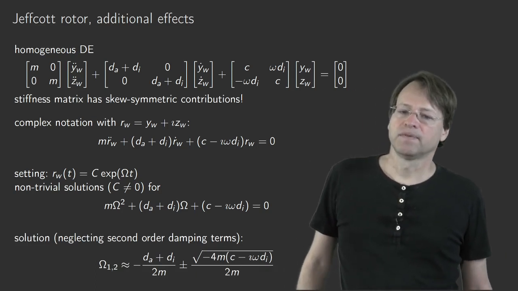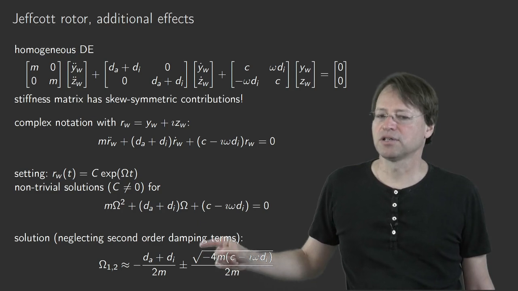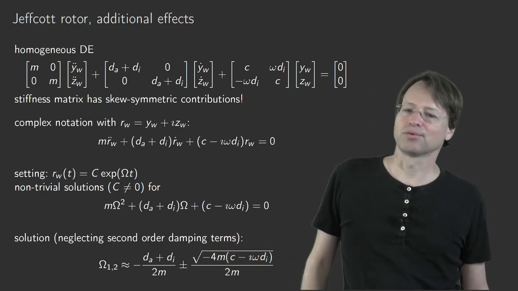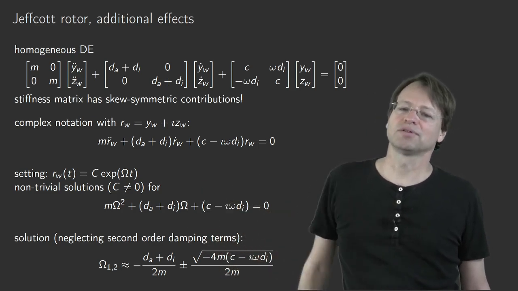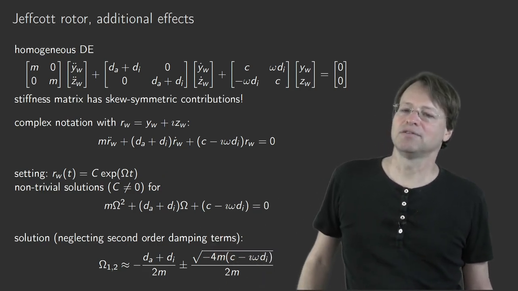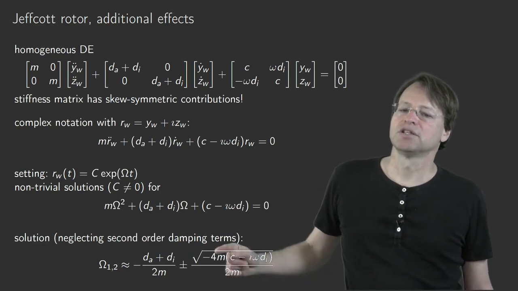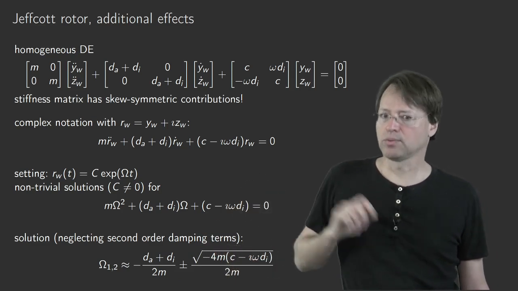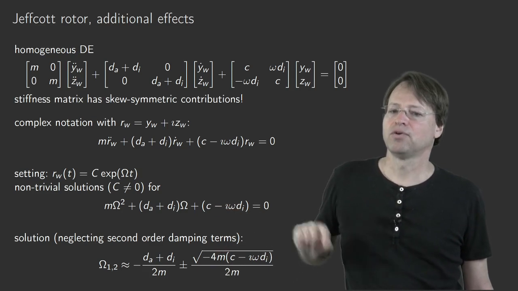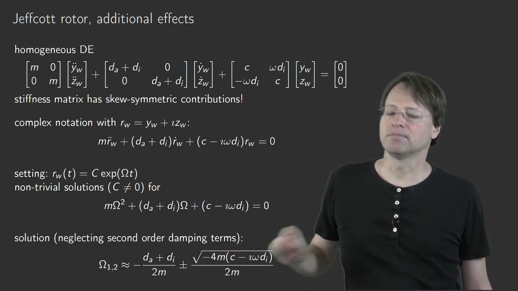How is that done? Well, if you look at the solution, then you might say, well, but I'm missing a term here under the root. Well, this is the reason, because you have to square dA plus dI. So we start with dA plus dI divided by 2m, and we have plus or minus square root of, we leave out one term, minus 4 times m c minus i omega dI, divided by 2m.